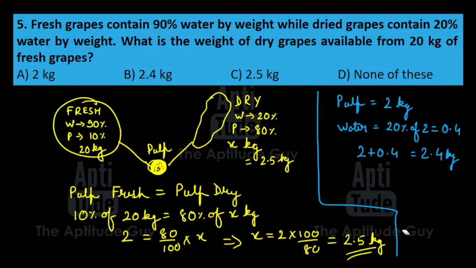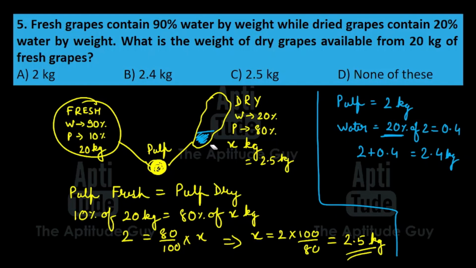So why is this wrong? It feels that it makes sense, right? But why is this wrong? This is wrong because the water is not 20% of the pulp. The water is 20% of the entire grape. Okay, the water is 20% of the whole grape. The whole grape has water as well as pulp.